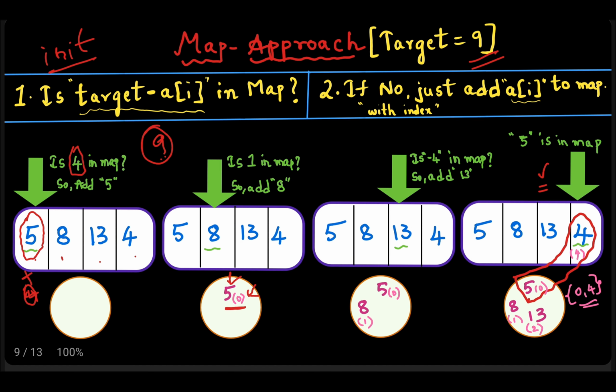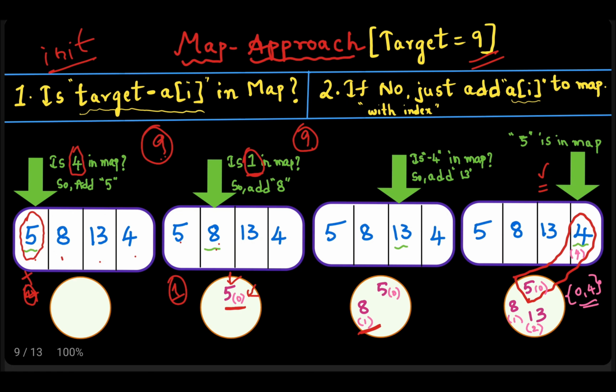Now our second step. 5 is over, and I came to 8. My target is 9, so 9 minus 8, I need 1. Does 1 exist in the map? No, it doesn't exist. So add 8 to the map, where the key is 8 and the value is 1, the index of the number in the array.